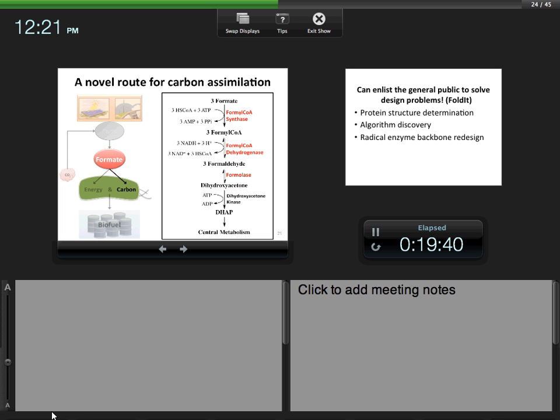So I've had fun talking today to people who are putting enzymes into microcompartments. Obviously, a problem here is that formaldehyde is toxic and reactive, so having it sequestered away could be a big help. But this is an example of how you can think about completely new pathways with de novo enzyme design.